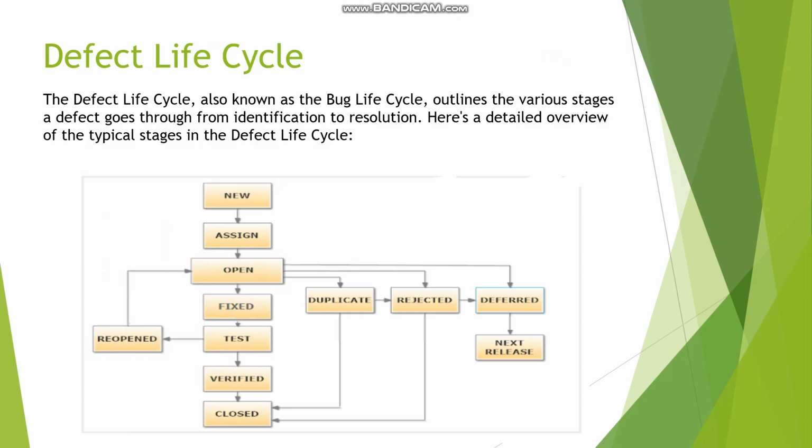Then assign. Assign means it is assigned to the development lead, and he will assign it to the developers. Then the status is open. In open status, the developer takes the bug and the test case, and he will fix the bug.